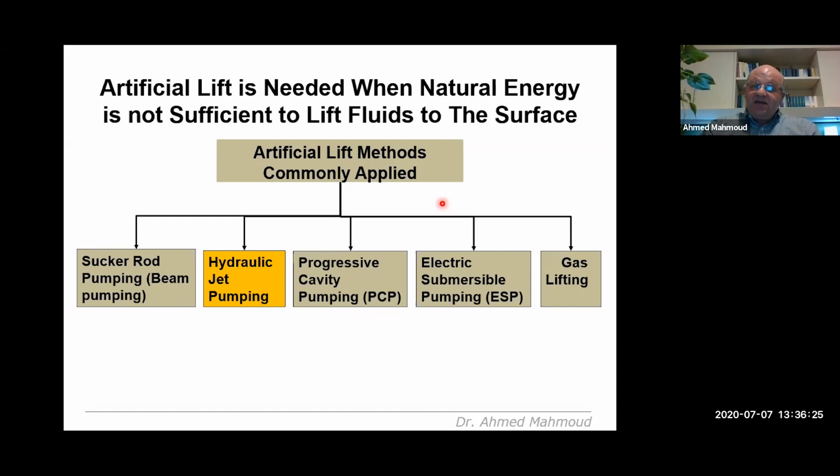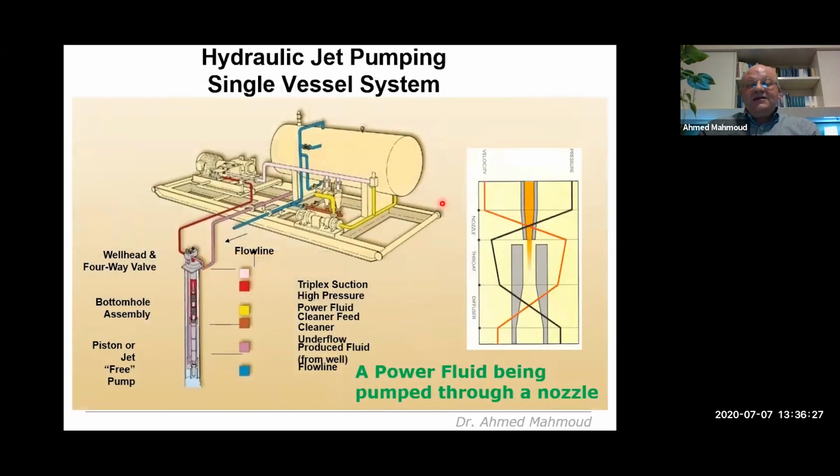And the hydraulic jet pumping method, okay, is basically a very small and simple setup, okay? And there's no mechanical moving parts here, okay? You will have a skid on the surface that will have a separator and a motor and a pump. And this motor and pump is going to inject what we call a power fluid.